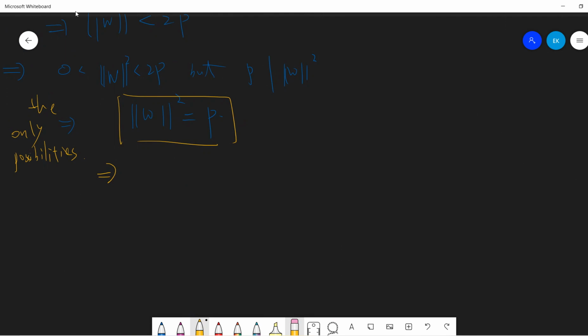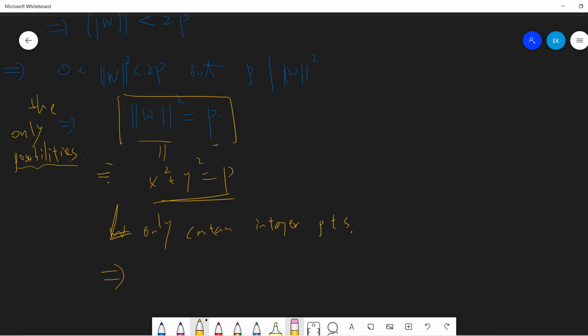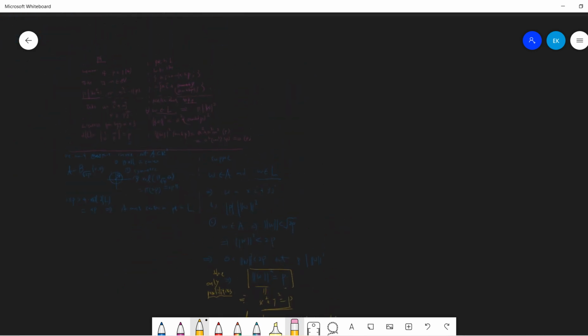Okay, so x squared plus y squared equals p, because L only contains integer points. Okay, so this proved the Fermat 4n+1 theorem by using the Minkowski theorem.